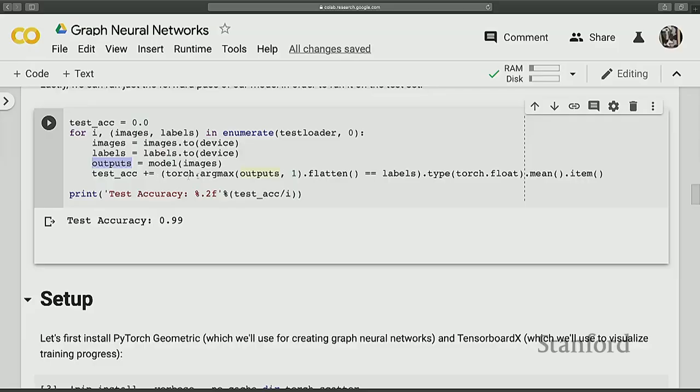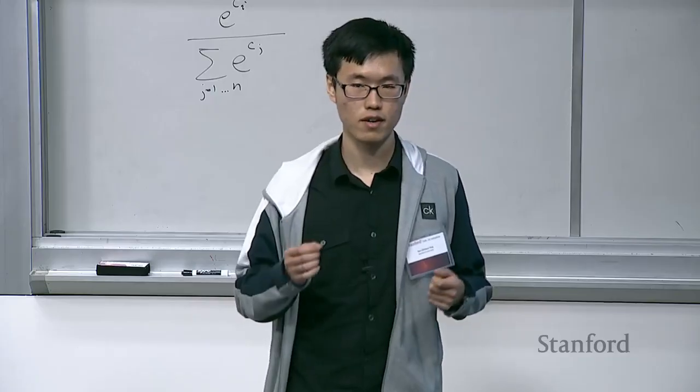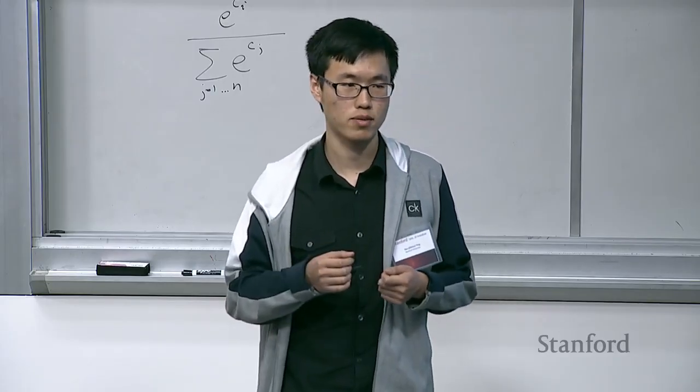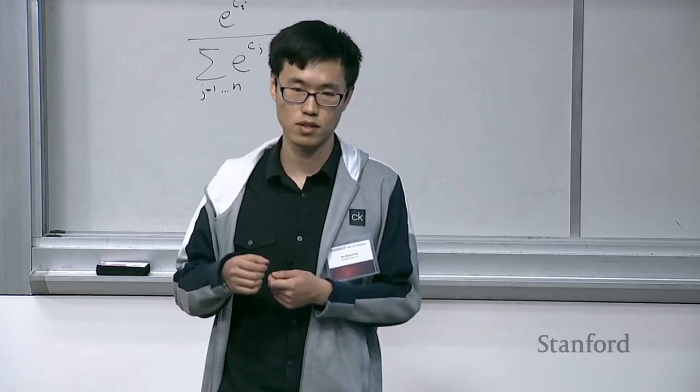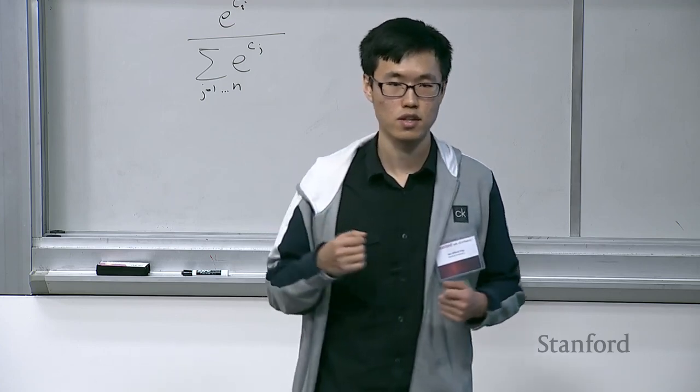Maybe I need to decompose this. So this is essentially the model output, and out of all the scores that we computed this way, we want to pick the maximum to be our class. Say the model predicts 0 with probability 0.1, 1 with probability 0.1, but 2 with probability 0.8. Then the model actually thinks that the digit is 2.